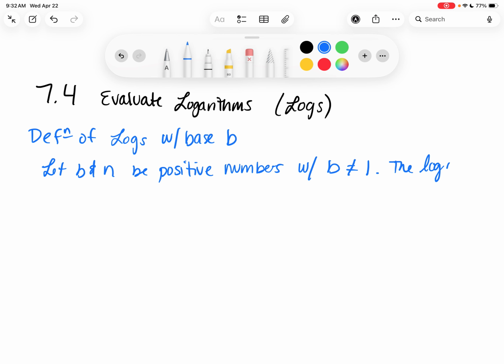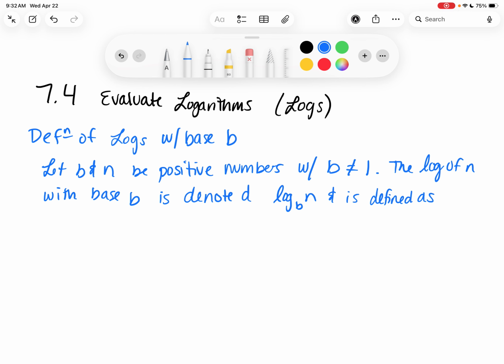The log of n with base b is denoted log base b of n. It's like a little subscript with an n there, beside it. And it is defined as: log base b of n is equal to p if and only if b to the p is equal to n.